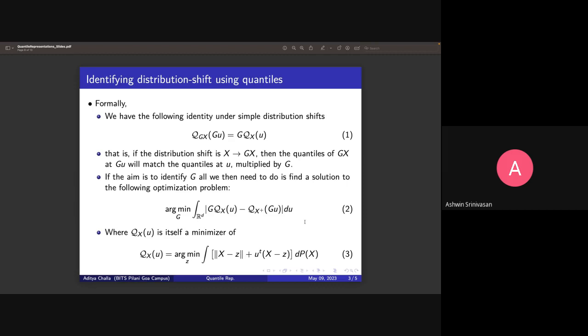So is it the case that if the distribution was such that that ordering was still preserved, does something become simpler? Does that make sense as a question?